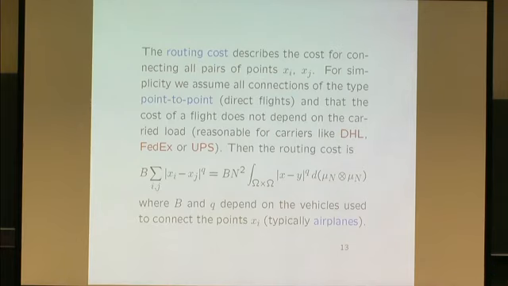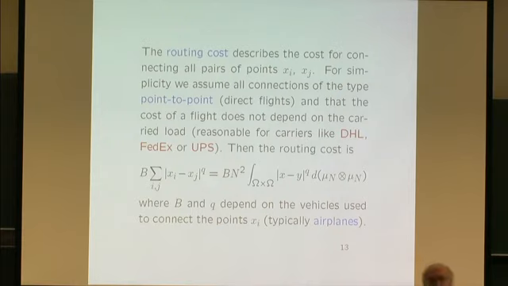So what about the routing cost? Now you have your points. You have to connect them pairwise. So here I will do two important simplifications, because if not, the problem is too complex. First, the transfer between one point to another is made according to what is called point-to-point connection, just like Ryanair.